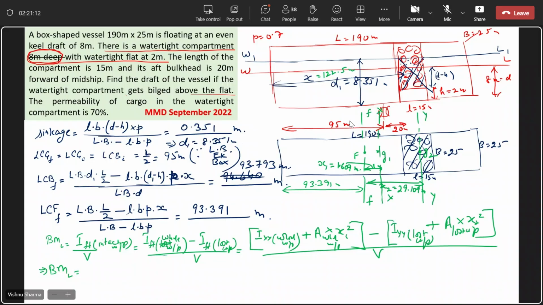370.382. Okay, subject to correction as the feedback comes in from the class. Please confirm once you get BML, guys.